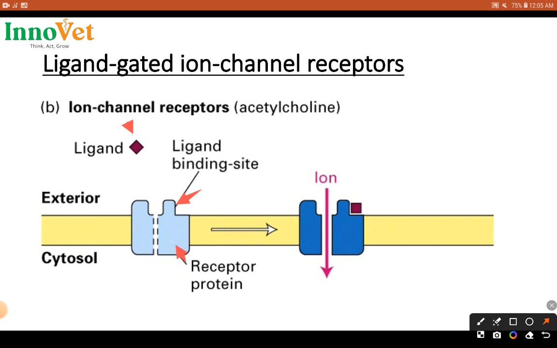So when a ligand binds, there will be conformational change leading to the opening of these channels, allowing exchange of ions. Now this exchange of ions can either lead to depolarization or hyperpolarization.